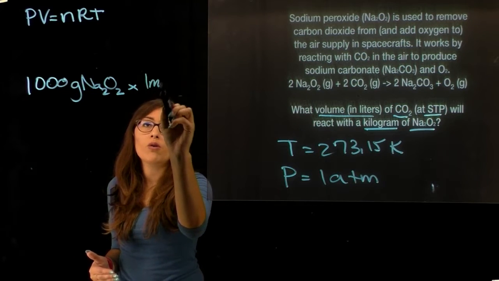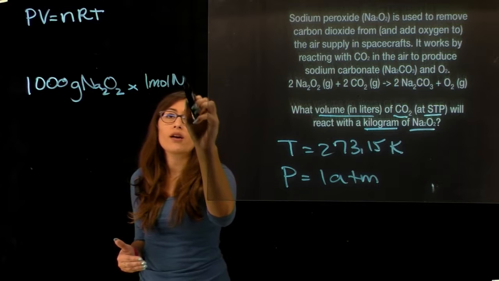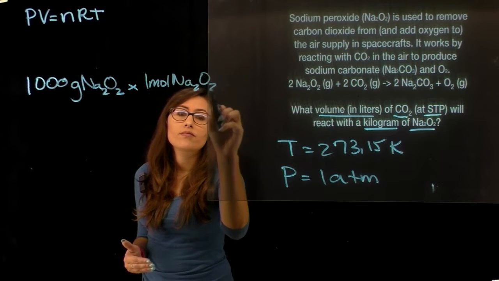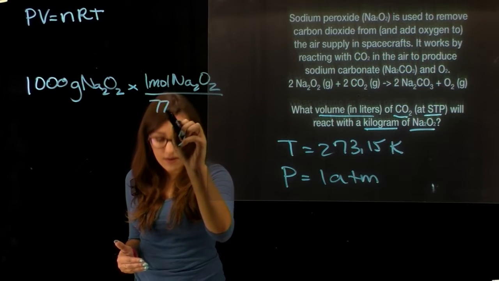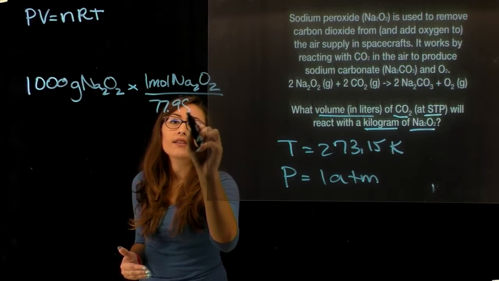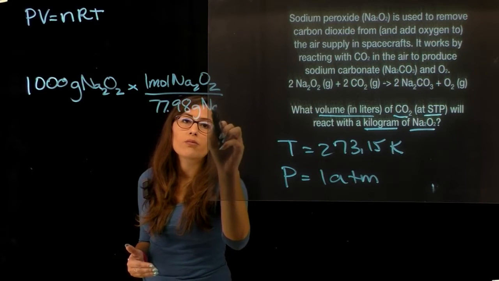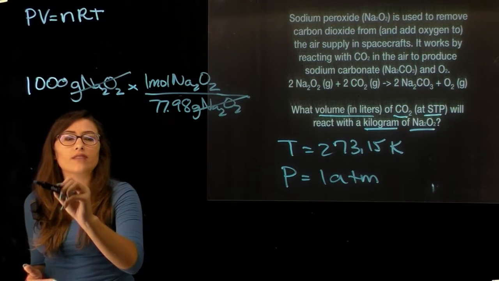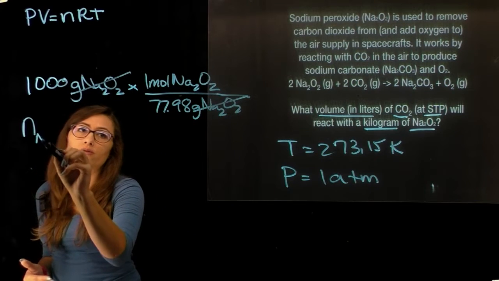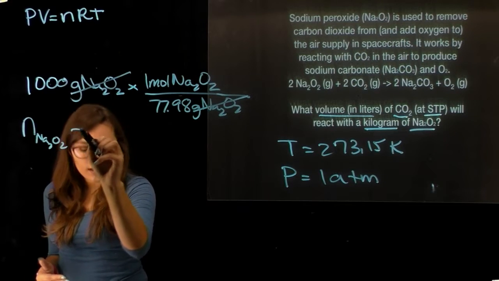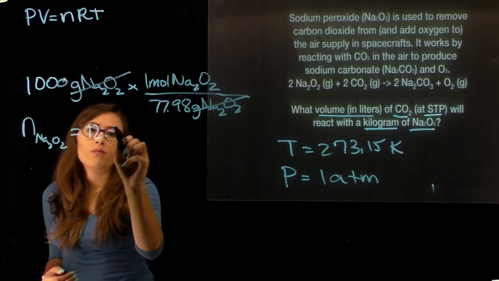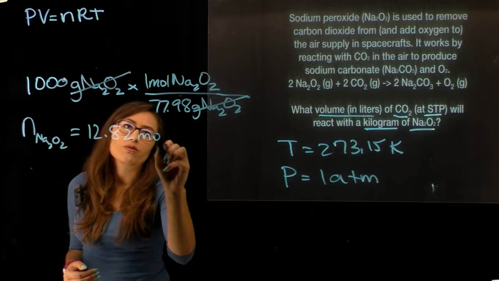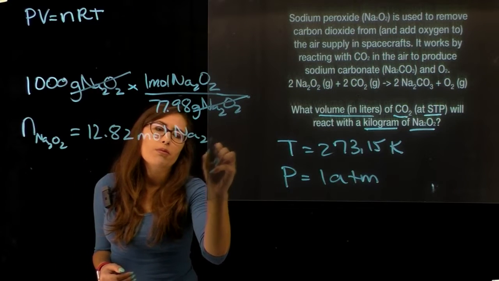So 1 mole of sodium peroxide divided by 77.98 grams of sodium peroxide. Grams and grams cancels out, and we end up getting 12.82 moles of sodium peroxide.